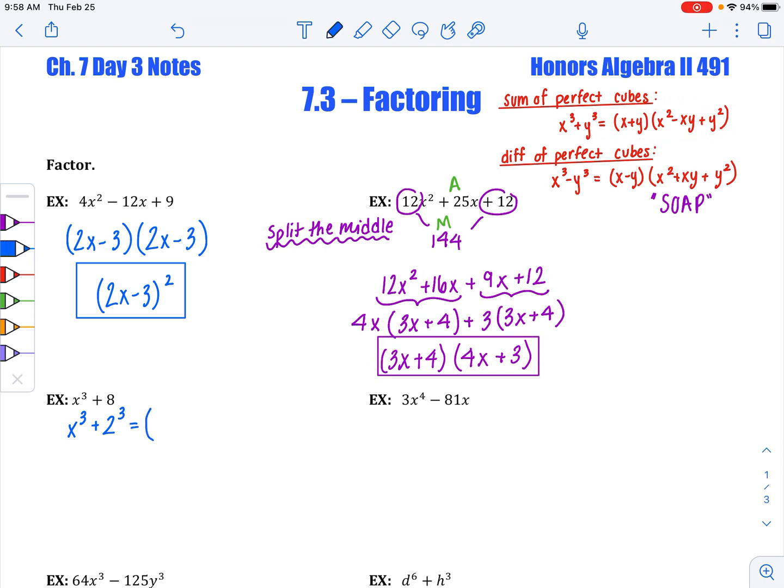So the first one is x plus y, and my y in this case is 2. That is the term that's being cubed. We're going to multiply it by the first term squared minus the first times the second term, so minus 2x, plus the second term squared, which would be 2 squared. You would get 4. And that's your final answer.